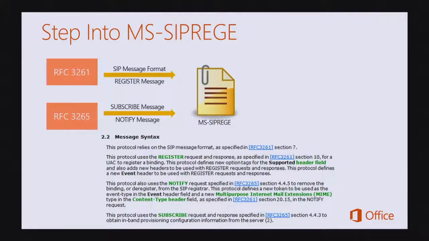Almost all the frameworks of the online conference have been defined by those RFC standard protocols. Microsoft protocols just extend some fields, like some formats of the detail. So this is one example of a Lync protocol.